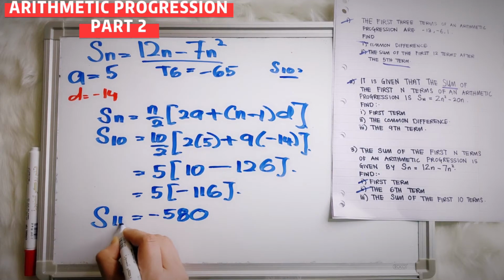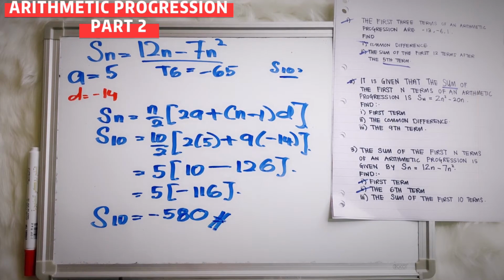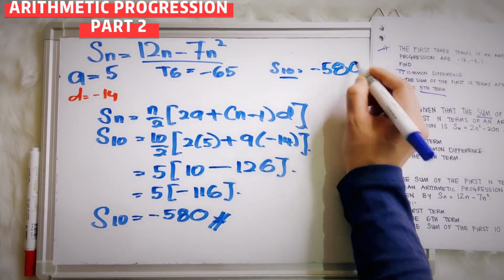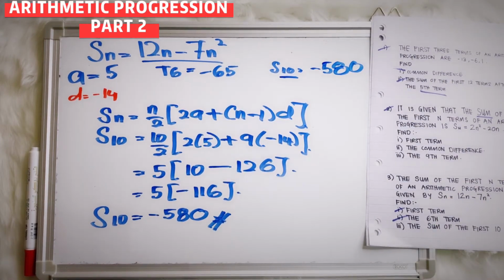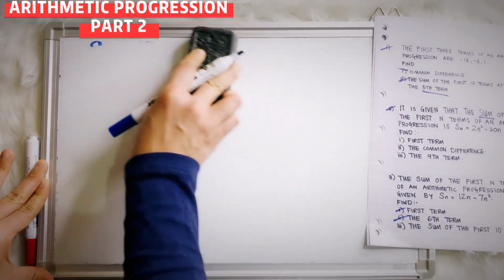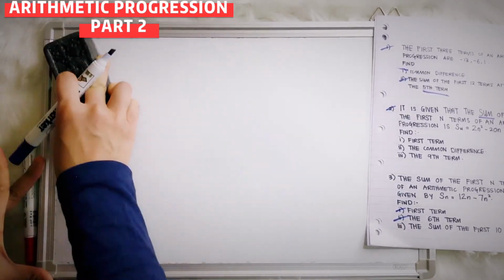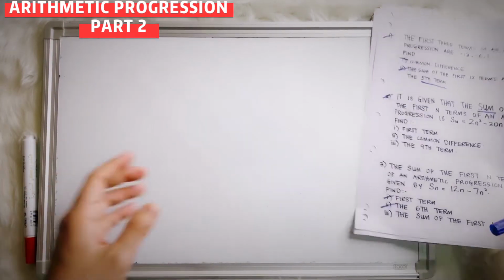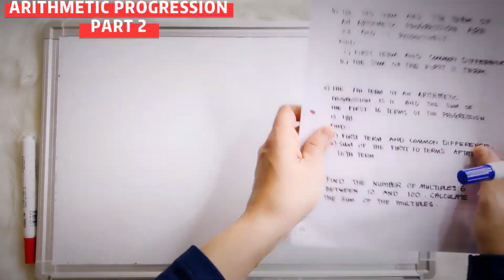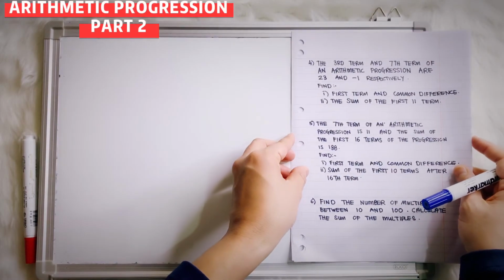So S10 now is negative 580. Now we proceed to the next one. All right, question number 4.